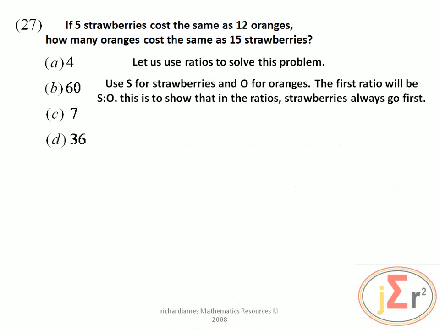The first ratio will be S to O. Because we have to keep a proper order, strawberries always go first. That means when we are writing another ratio, the number of strawberries will have to go first.